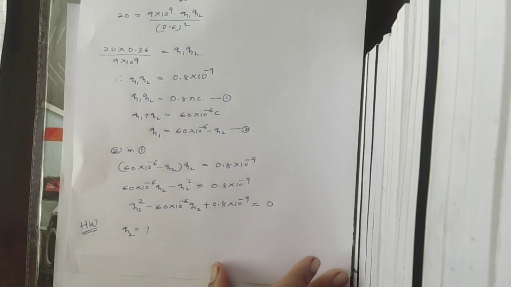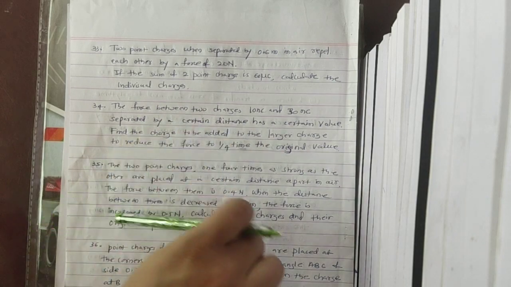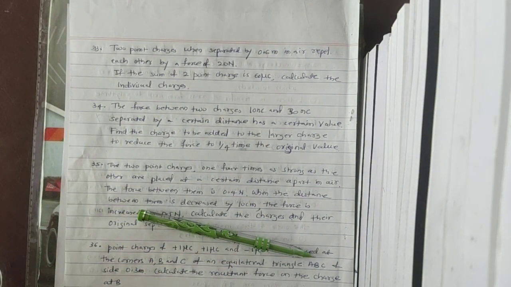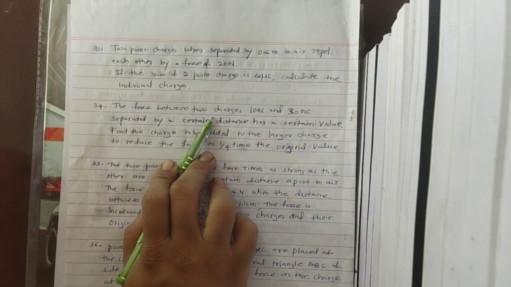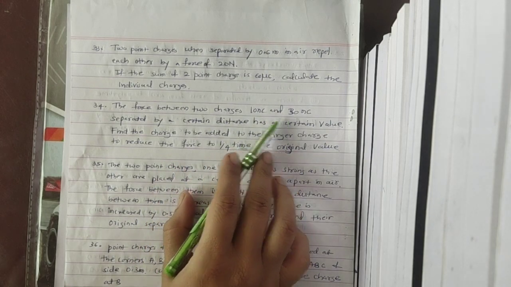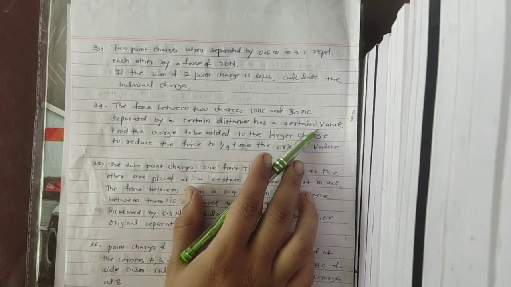Okay, 33. Next, 34. Read the 34th problem. The force between two charges, 10 nanocoulomb and 30 nanocoulomb, separated by a certain distance has a certain value.